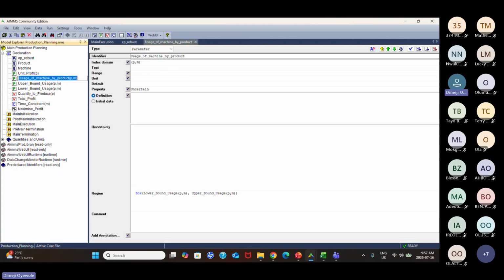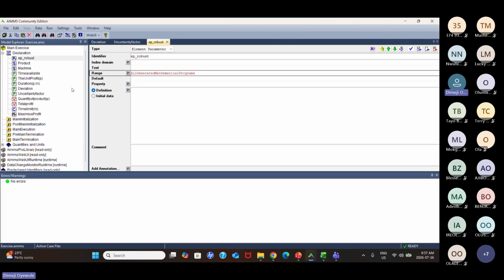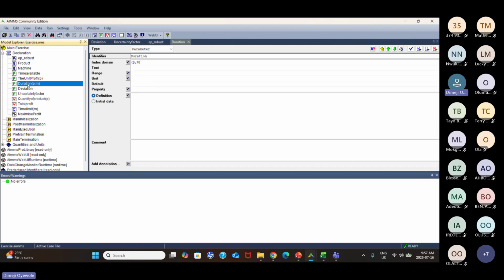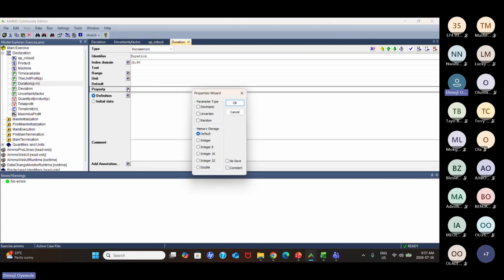The next thing that you do is check the parameter that has the lower and the upper bound. So here now I have this duration with upper and lower bound, right? Under property, I have stochastic, uncertain, and random.